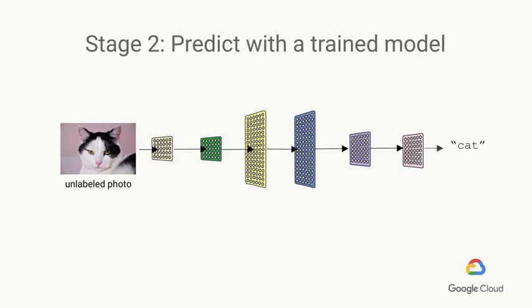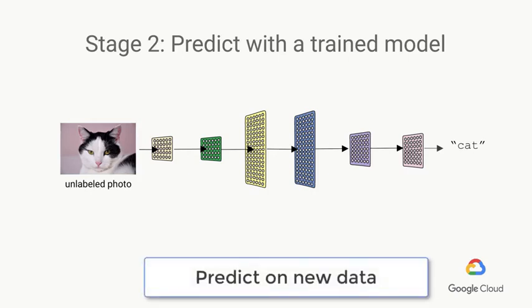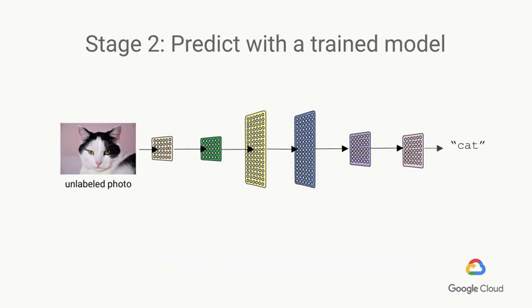And after the model is trained, we can use it to predict the label of images that it has never seen before. Here, we are inputting to the trained model this image, and because the network has been trained, it is correctly able to output cat. Notice that the cat image on this slide is different from the one before it.